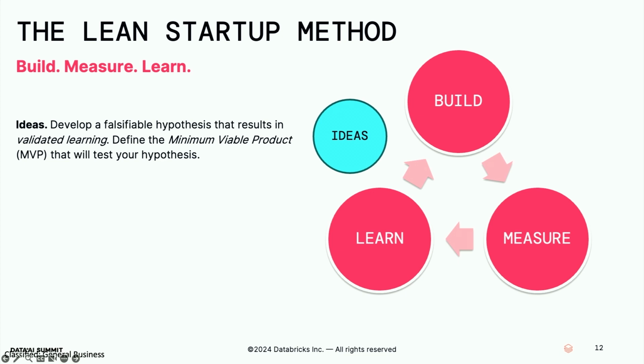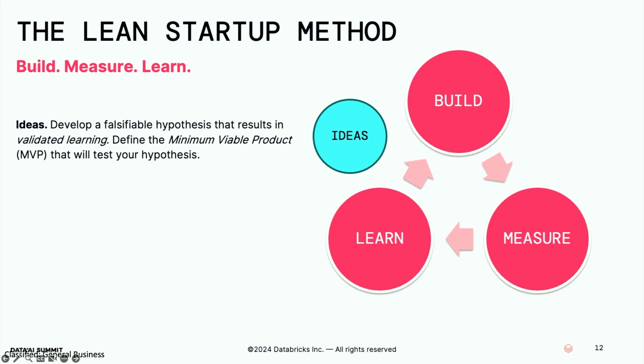This is a point that I really like because, as I told you earlier, I'm an academic by training. So coming up with hypotheses is basically what I've been trained to do for a long time. If you come up with a very concrete hypothesis, it also means that you can test it, right? And this is what he means by validated learning.